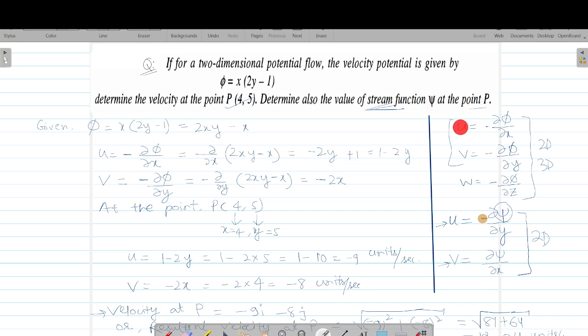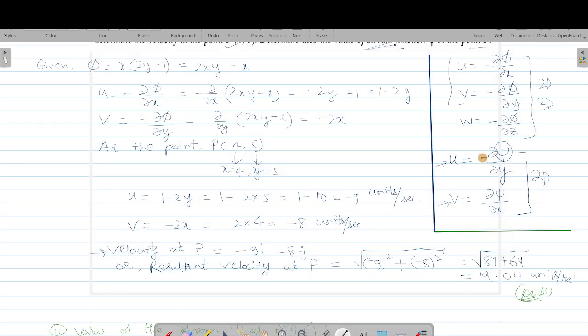We have shown all the equations that you need to know. These equations are for the potential flow and this is for the stream function. And we can compare this equation with the potential function. We can find the values of u and v, and then at the point (4, 5) we can simply put in the values, and very easily calculate u and v, and then figure out the resultant velocity.